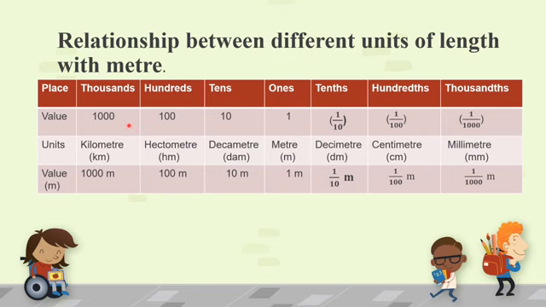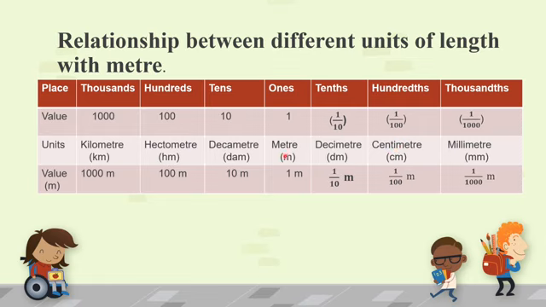Thousandth in number, and then tenth is represented in fraction form: 1 by 10, 1 by 100, 1 by 1000. And then the units are written over here. Now our base unit of length is meter, right? We are talking about meter. Then we are going to the right side and then we are going to the left side.